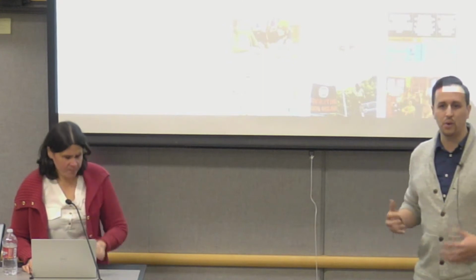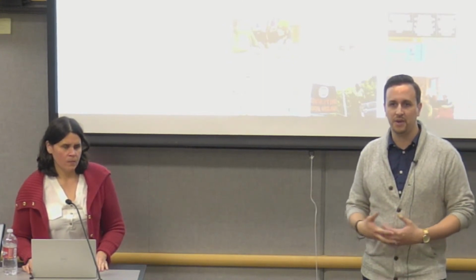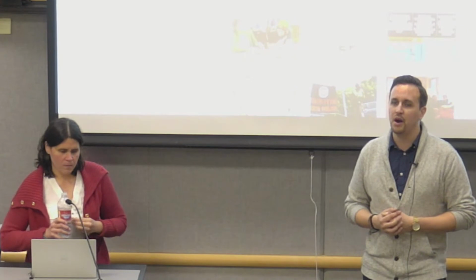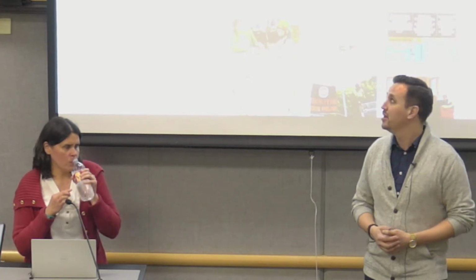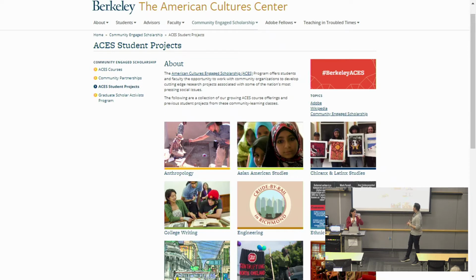What brings the four of us together is something that's been brewing with American Cultures for quite some time. We've been offering Wikipedia pages as classroom assignments, and when you go on our website, you can see some of those examples. I just have the ACES student projects here.